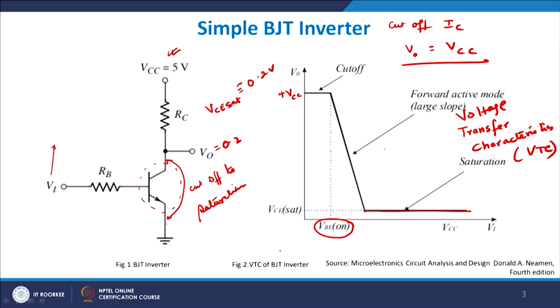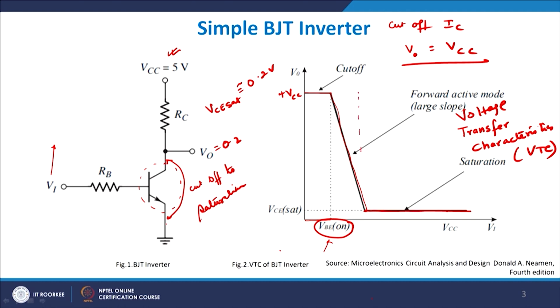If you look at the VTC, it is just behaving like an inverter, because until your input reaches VBE on, your device is cut off and the voltage is latched to VCC. Beyond VBE on, the device switches and the voltage starts to fall, down to VCE sat. After this, if you increase the value of Vi further, it does not affect the output because the device is fully on.